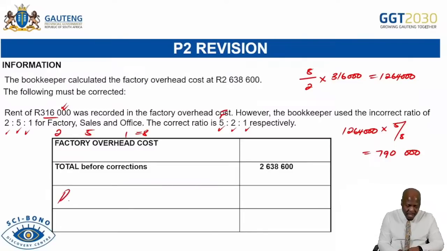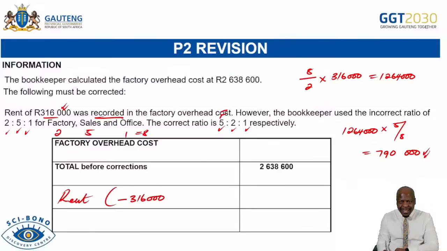You come here and you say rent. The moment an amount is incorrectly added, the easiest way, take it out. So I'll come and I'll say that 316, which was recorded in the factory overhead, let me pull it out. Let me take it out because it was incorrect. So I'll come and say minus 316. Then I must now add the correct amount.